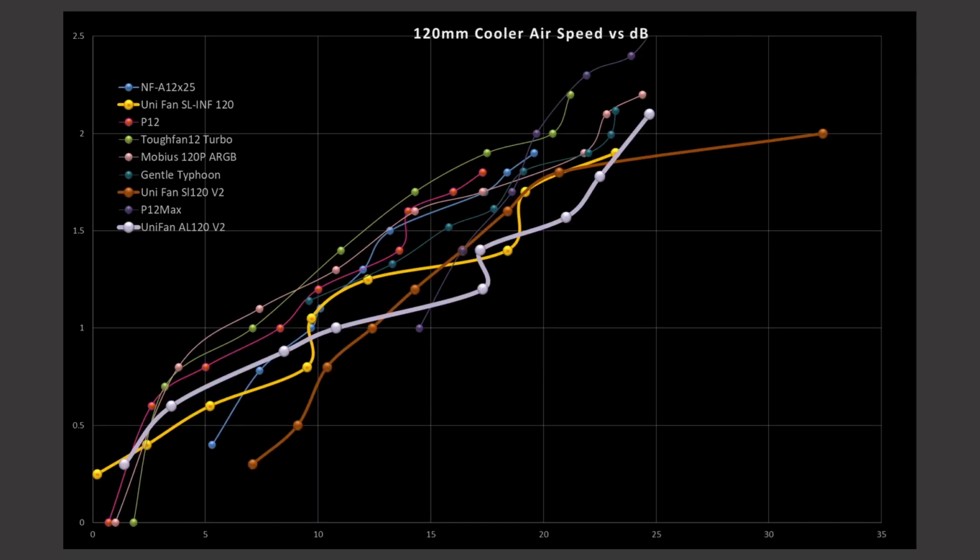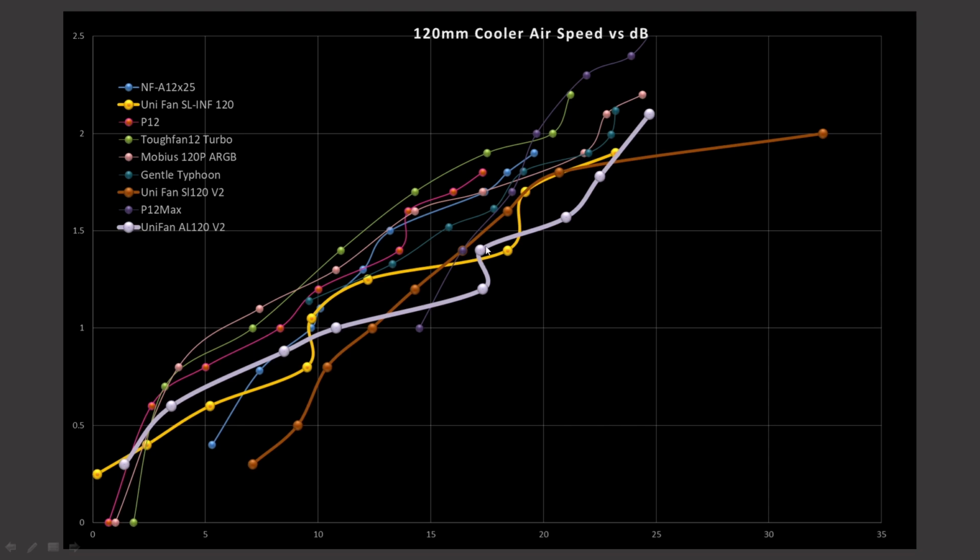And in terms of that cooler airspeed through the cooler versus decibel rating, right here, so it starts off okay, kind of dropping towards the back, finally hit an efficiency point, and it kind of catches up. And it catches up pretty well at its maximum RPM, and at, let's see, 2, 3, 4, 5, 6, 7.